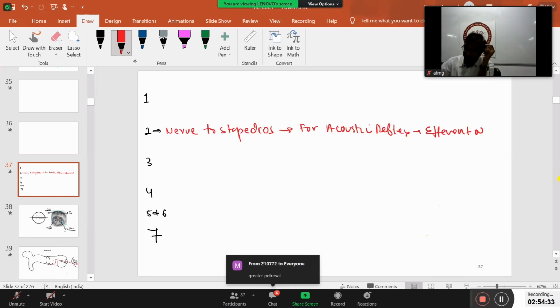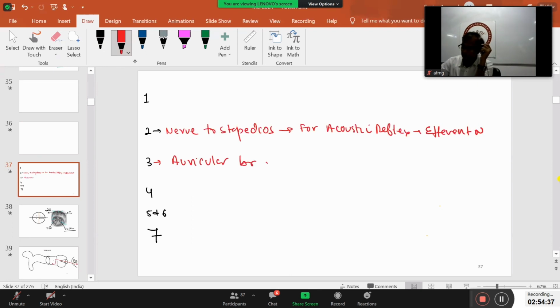So this is the third branch. Auricular branch of facial nerve, and this supplies the skin of the external ear. It is one of the 5 branches, skin of the external ear. So this also we have discussed. It's not a difficult thing.